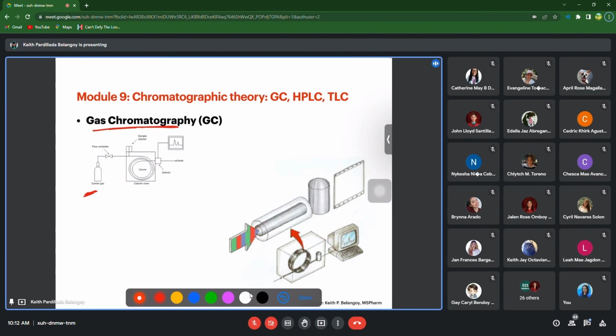What happens is you have to inject your sample, no? I-inject niyo yung liquid nga sample. There is a column and then a burner in order to vaporize it. So the carrier gas will have to blend with your sample. You have your injector here and your gas should blend with your sample as it flows through your column. Now, the most critical part of your gas chromatography is your flow controller.